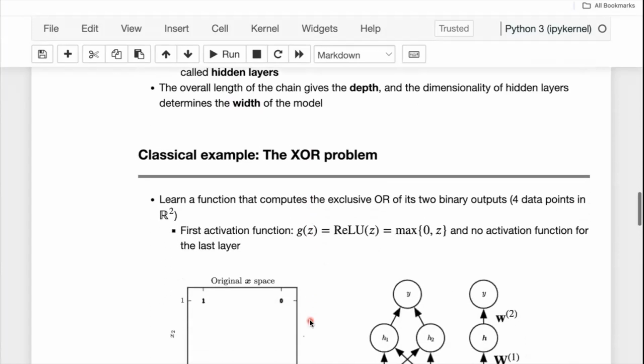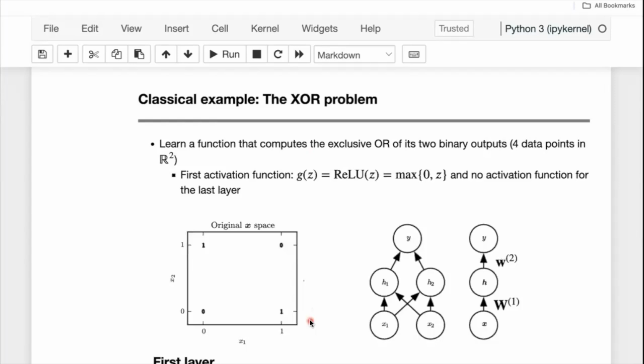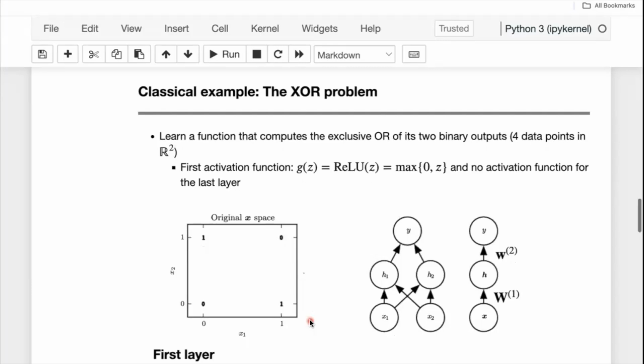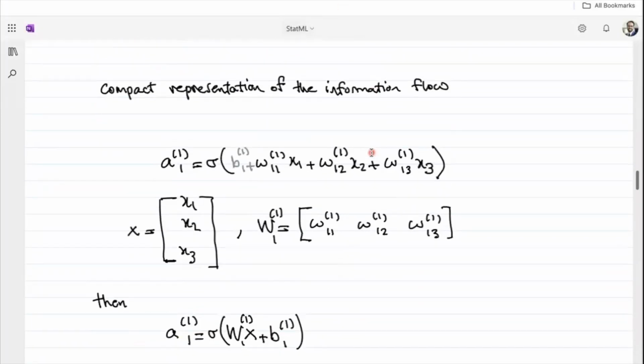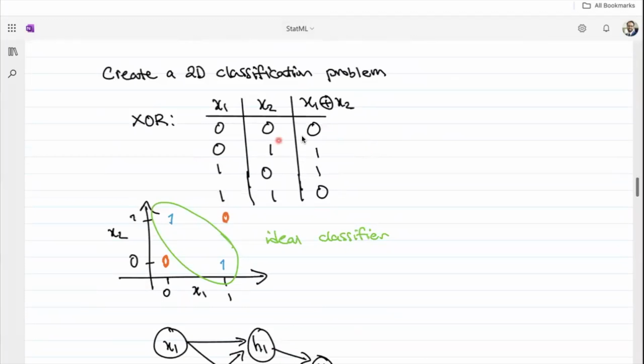So now, to make this a little bit more straightforward, let's look at one of the earliest examples of neural networks and why they actually matter a lot in terms of solving complex problems. In order to explain what's happening here, let's look at something known as exclusive or, XOR.